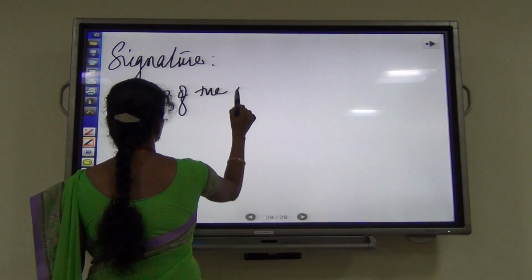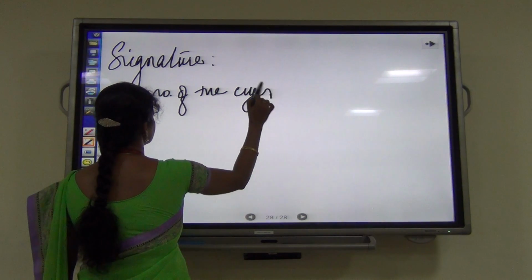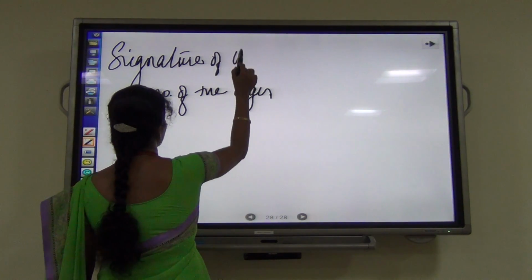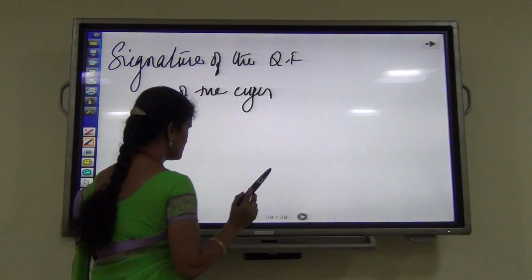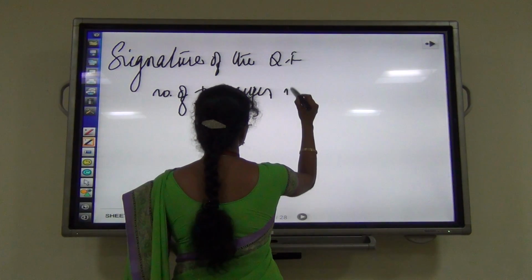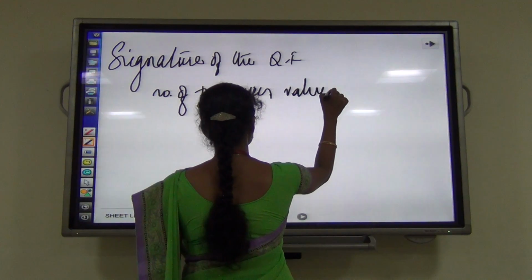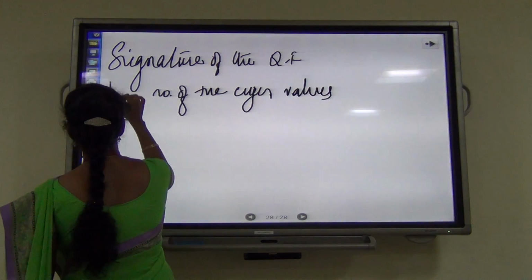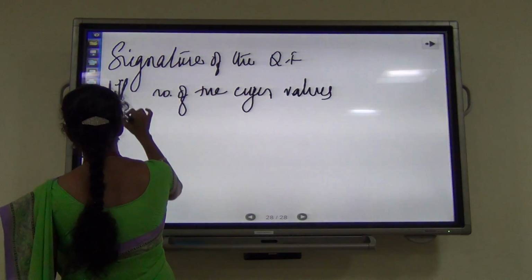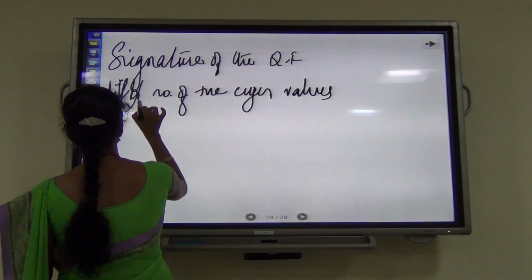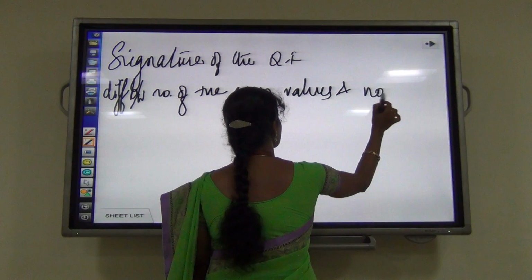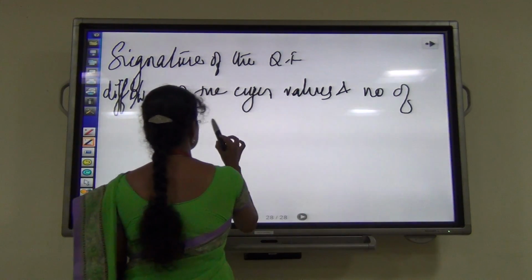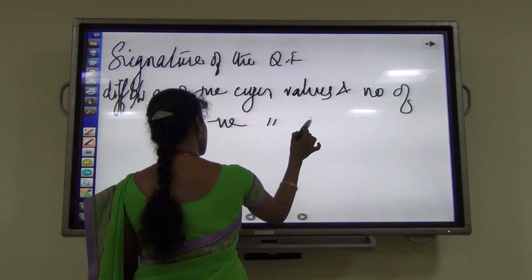Again, the signature of the quadratic form is the difference between the number of positive eigenvalues and the number of negative eigenvalues.